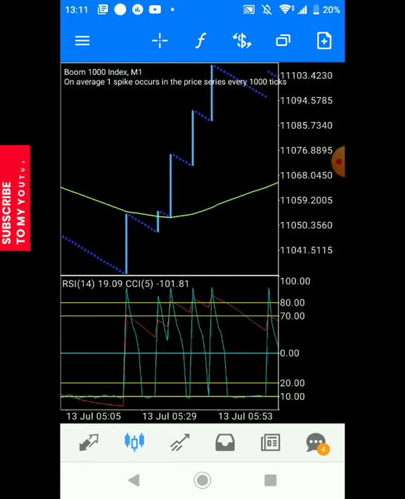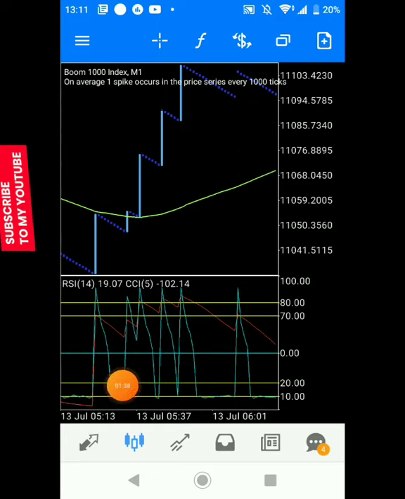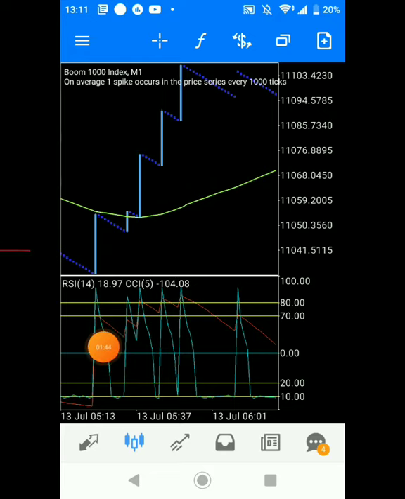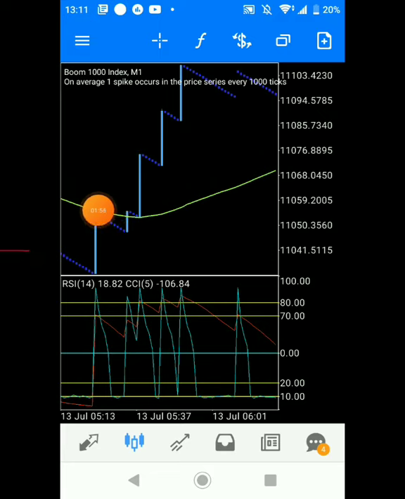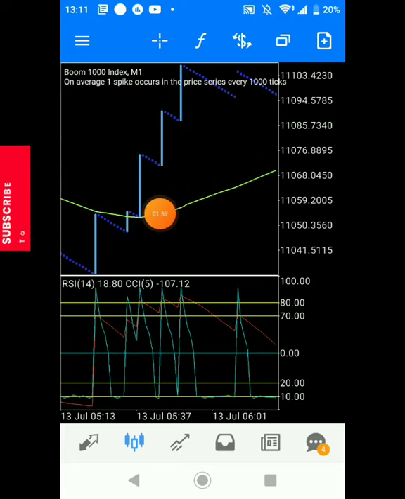Whenever a spike takes price up higher, you also need to make sure that you're being very careful. Look, if you notice here, the moving average has just gone below.